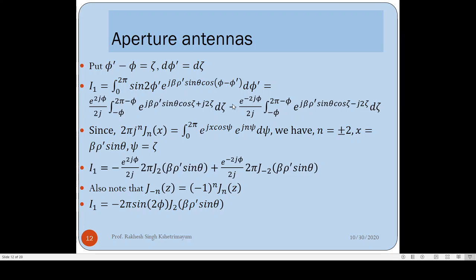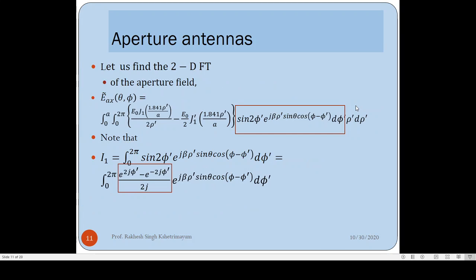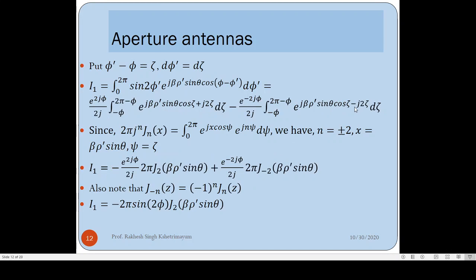The limits are the same, and the exponential term is also the same except for this sign change. We'll have a plus sign here and a minus sign here. Why? Because we are replacing phi dash as phi plus zeta, and here we have a minus sign, because of that there will be a sign change.